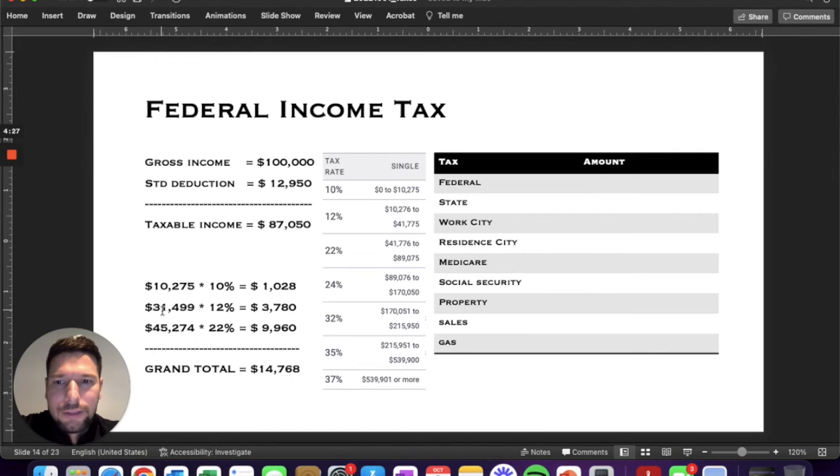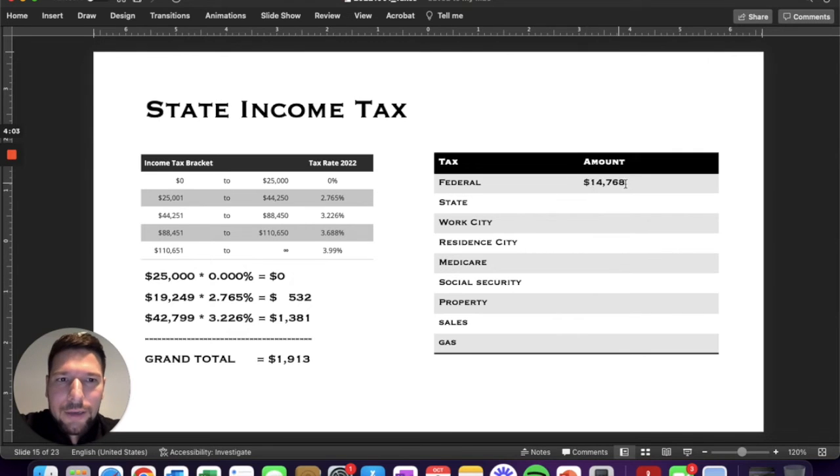And then the next $31,500 is going to be taxed at 12%. And then the final amount is going to be taxed at 22%. So $45,274 is going to be taxed at 22%. And that grand total actually comes out to about $15,000 he's going to pay to the federal government as an income tax.